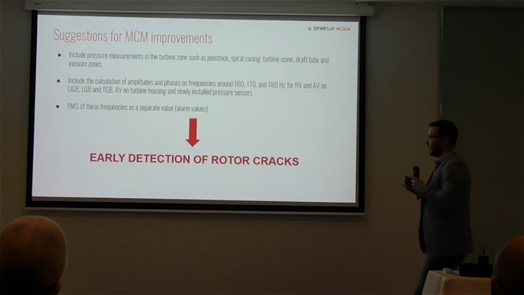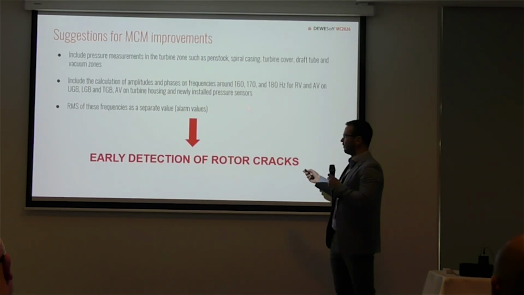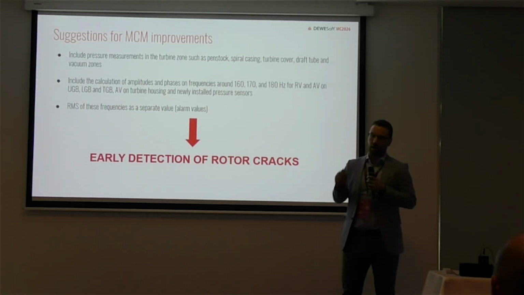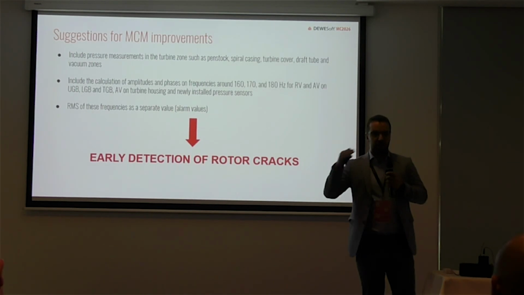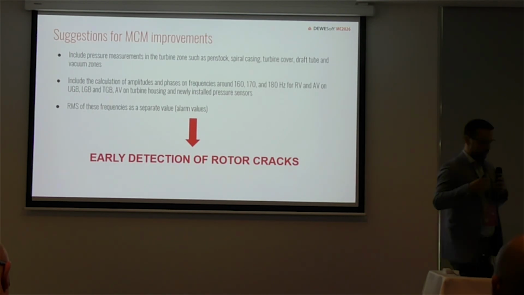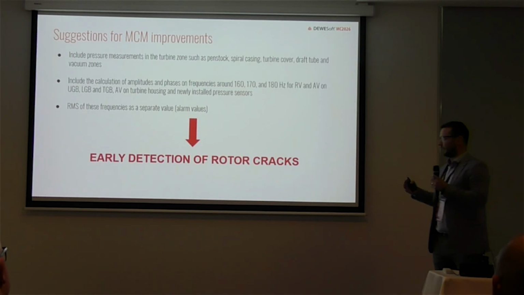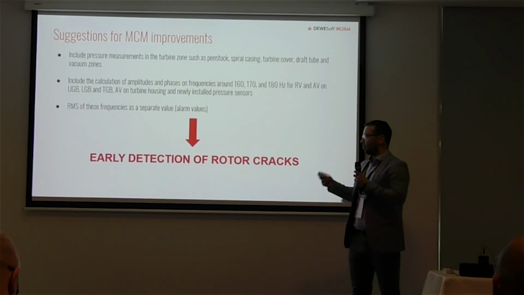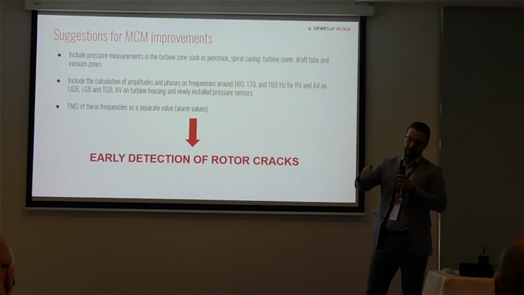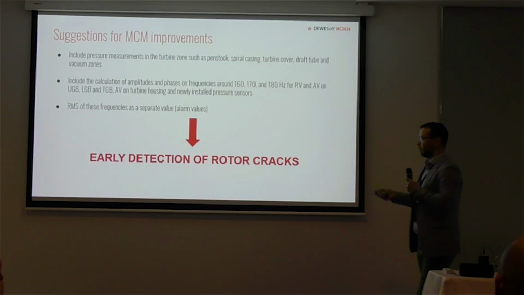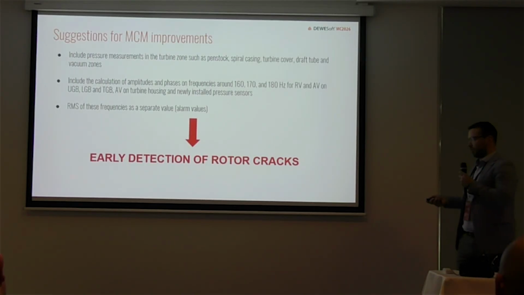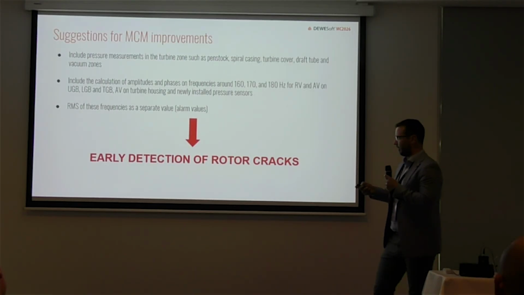And we calculate the RMS values of all these frequencies and put alarms on them. So whenever something happens, the plant personnel get the alarm in the SCADA system, for example, and see that something happened, that we should check and do the analysis much earlier than we did before. The idea is to have an early detection of the rotor cracks.